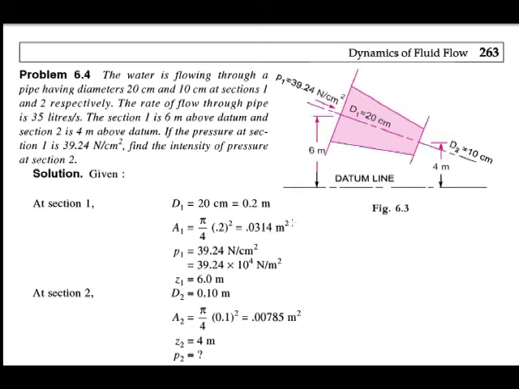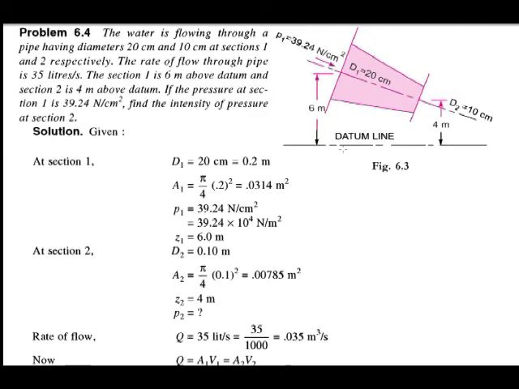The pressure at section 1 is given as 39.24 Newton per centimeter square. Converting it into meters, we get 39.24 into 10 raised to 4 Newton per meter square. The datum head is given as 6 meter, so Z1 is 6 meter.